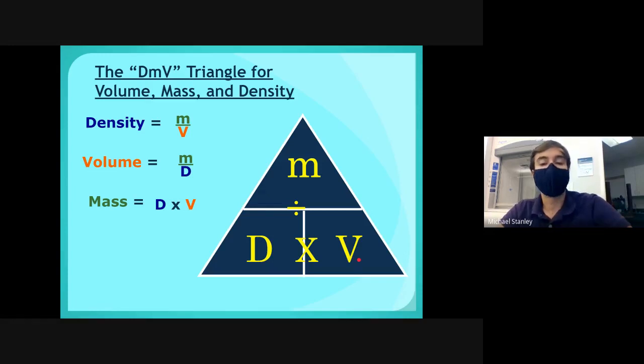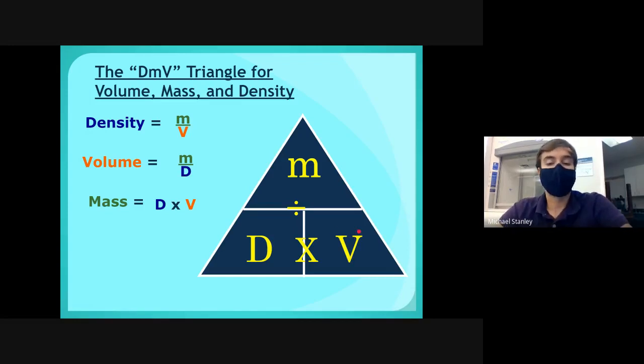Depending on the value you are looking for, you see how the other two are aligned. For example, if I want to know the density, I can cover up density and see that to get density, I have M and V, and on the triangle, M is above V, so that means I'm going to divide: M divided by V.